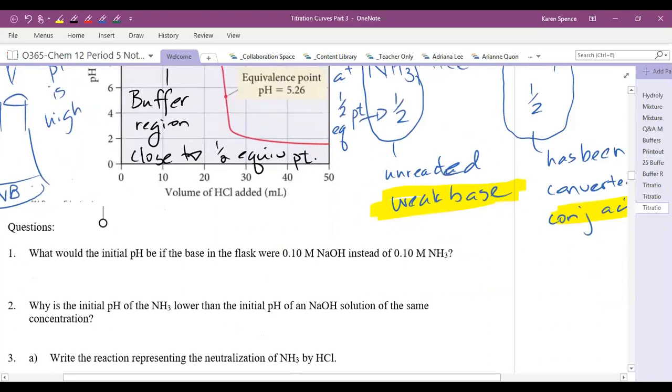The initial pH would be slightly higher. Yes, it would definitely be higher because NaOH is a strong base and NH3 is a weak base. Can you calculate the exact pH that it would be?